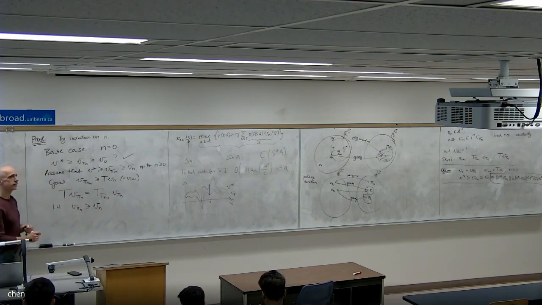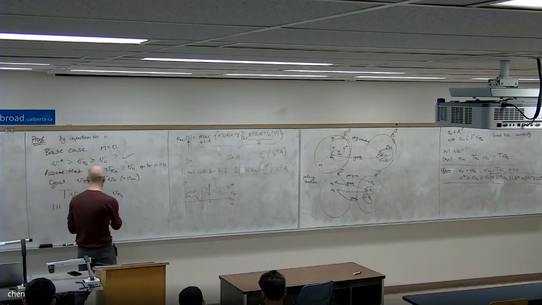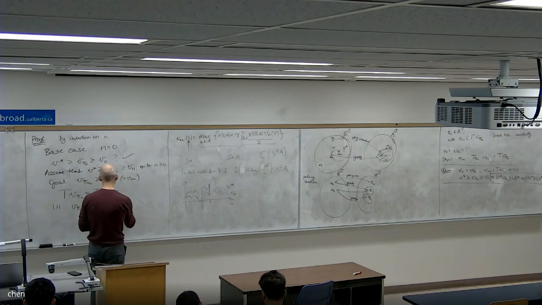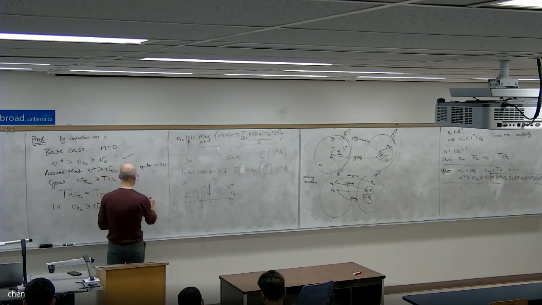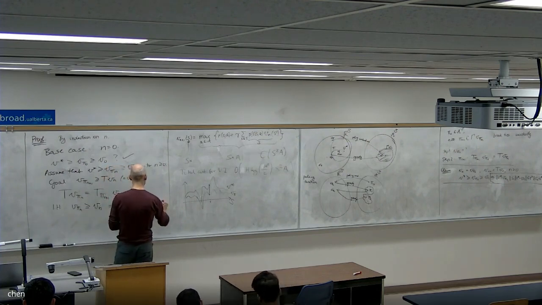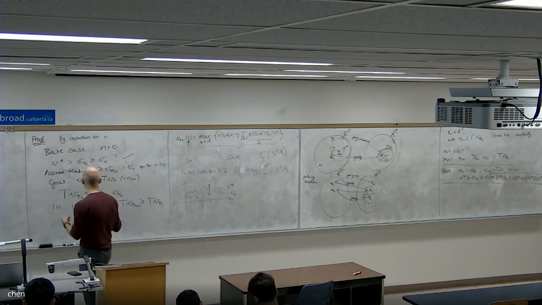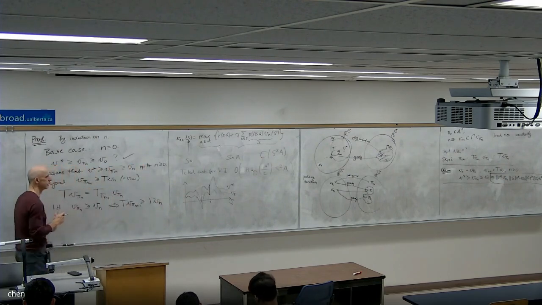From this, I claim that if you apply T on both sides, you get the same inequality. In other words, T keeps inequalities, or T is called monotone in such cases.